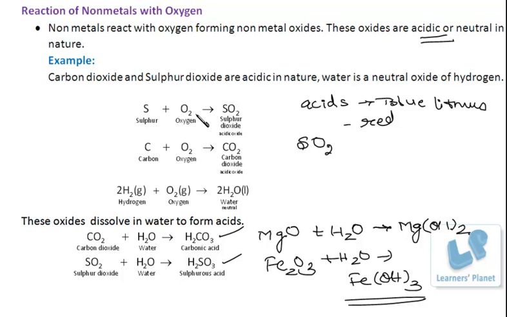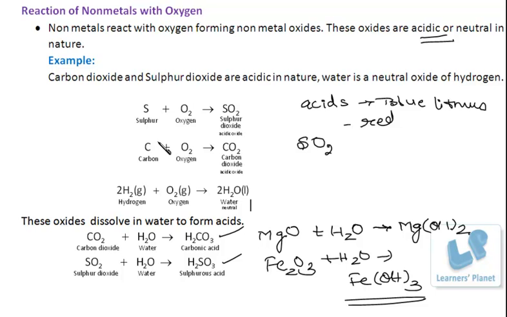Whereas non-metals form acidic oxides, and the solution of oxides of non-metals in water turns blue litmus red. Right? So this is how the metals and the non-metals differ from each other in their chemical reactions. I hope you have understood these reactions.